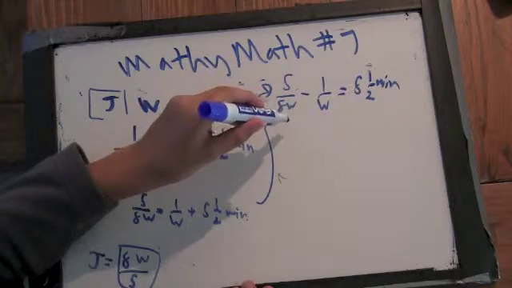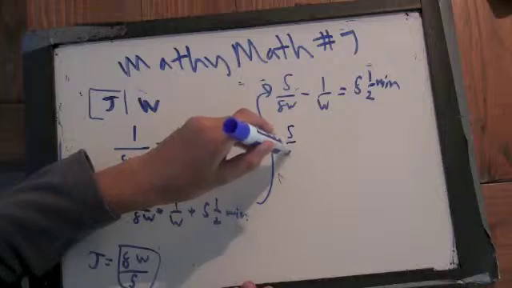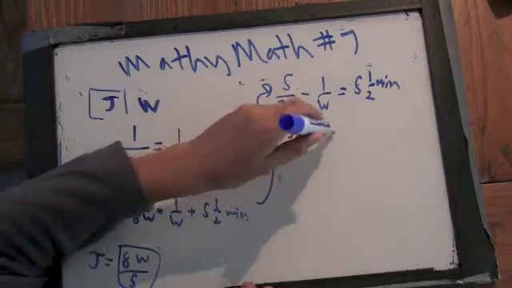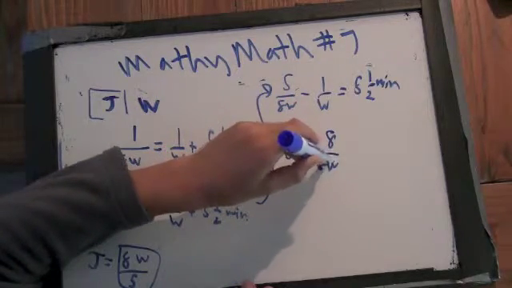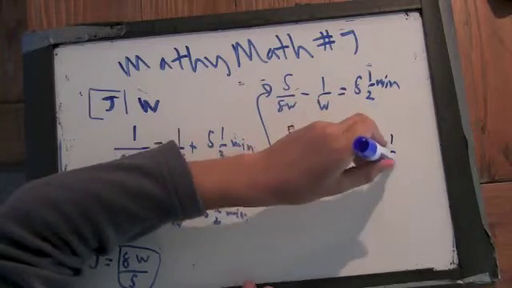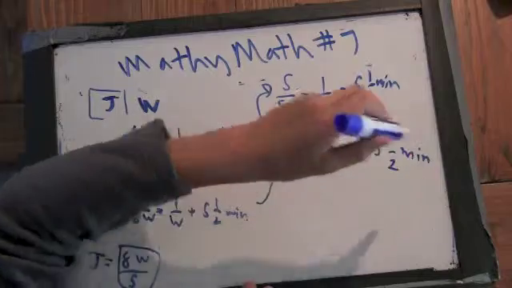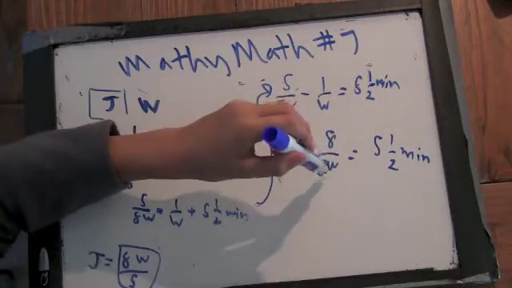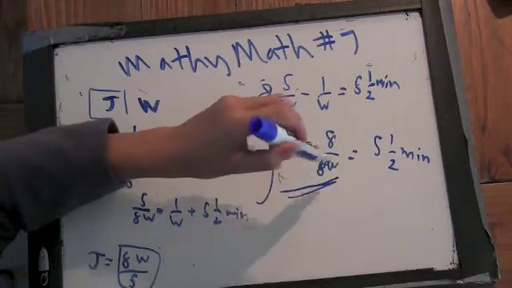Well, this doesn't make much sense because you have 5 over 8w minus 8 over 8w. Okay, what does that equal? 5.5 minutes. But this is going to be negative. Right, what does it equal?